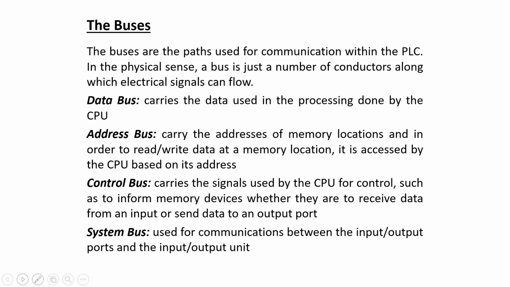The address bus carries the addresses of different memory locations, and is used to indicate the desired location for reading or writing a particular data in a memory location. The control bus sends different controlling signals to the other units, different memory units, and the input-output interfacing units. The CPU sends these signals.